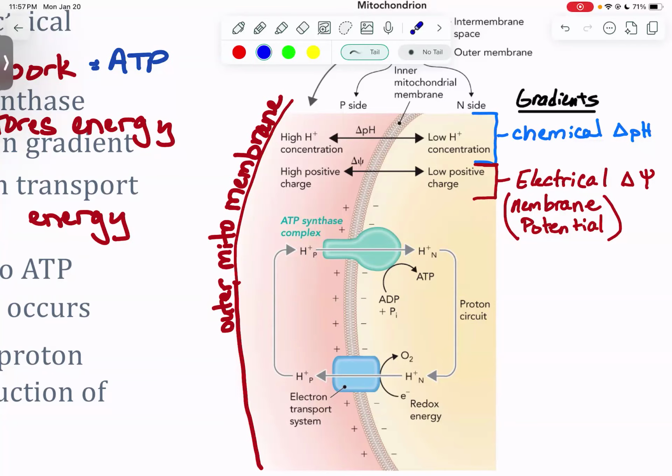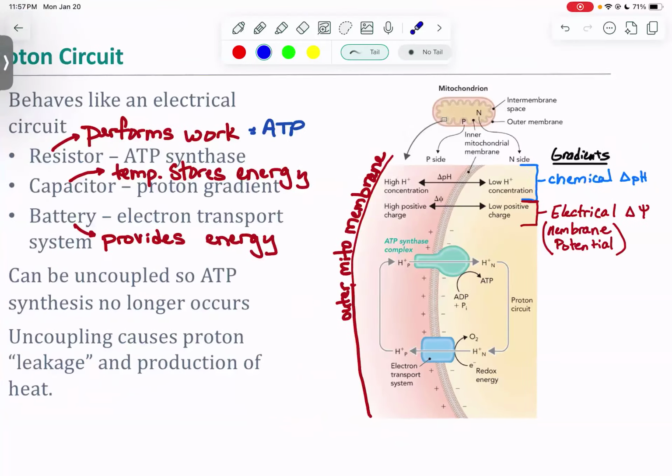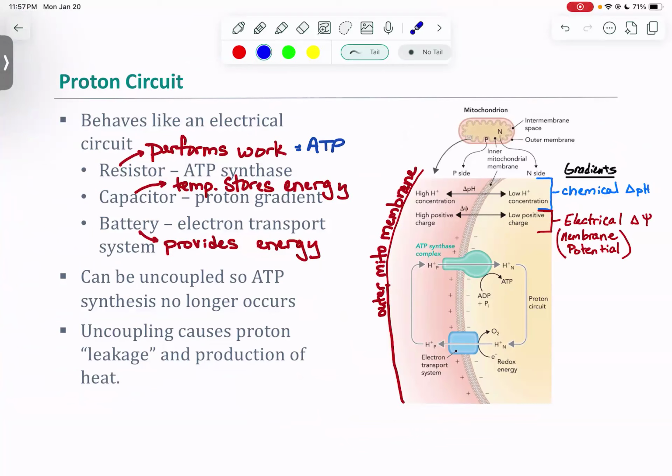Okay, so is it always coupled like this? No. Sometimes you have protons that enter the inner membrane space, but instead of going to the ATP synthase complex, there is a pore that is usually closed, but sometimes it can open up, and our protons can flow through that pore and bypass the ATP synthase complex.